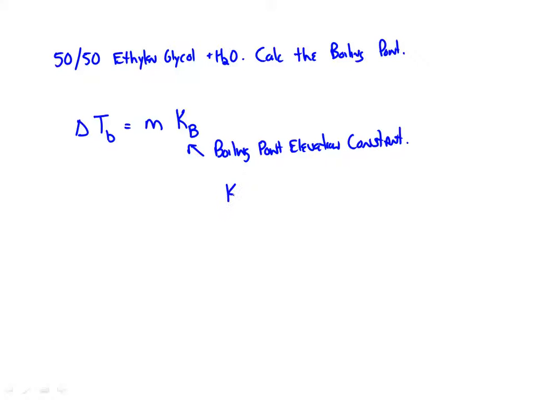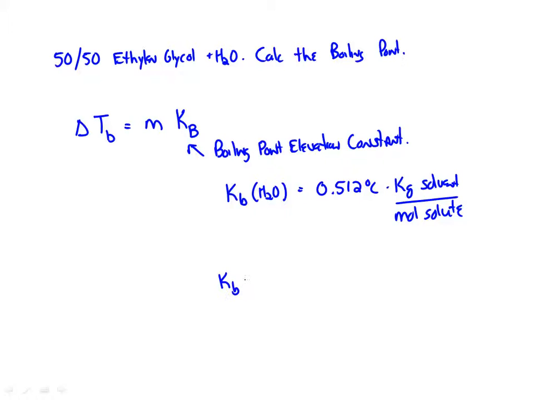For instance, Kb for H2O is 0.512 degrees Celsius per kilogram of solvent per mole of solute. And Kb, for instance, for benzene, just as comparison, is equal to 2.53 degrees Celsius per kilogram of solvent per mole of solute.